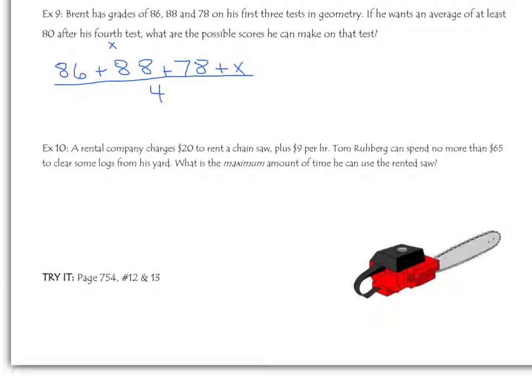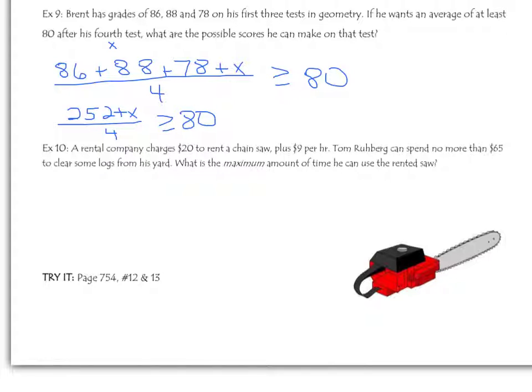And he wants that to be greater than or equal to 80. He wants the average to be more than or equal to 80. That gives us 252 plus X over 4 is greater than or equal to 80.